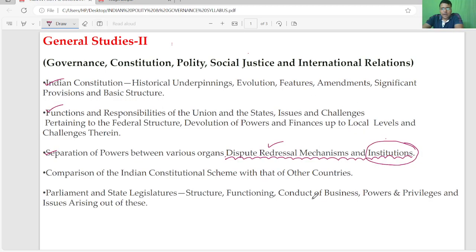So this is the mechanism and these are the institutions. Mechanism means how the dispute is redressed, how the dispute is solved, and these are various institutions that help in it.